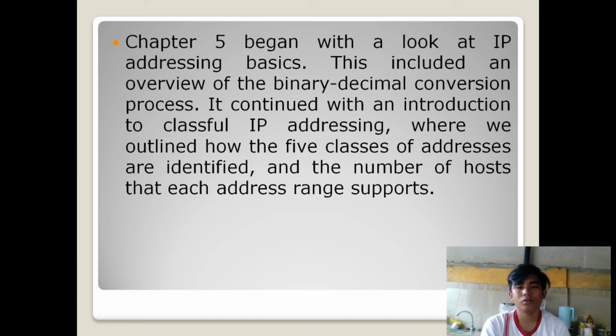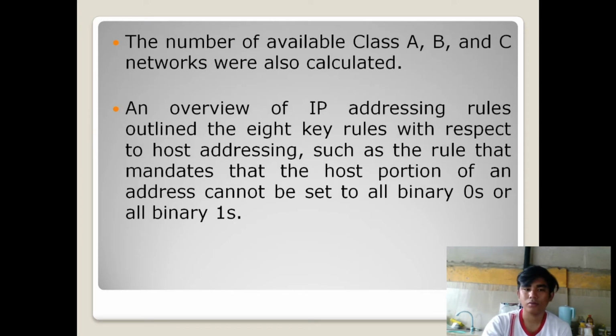It continued with an introduction to classful IP addressing, where we outlined how the 5 classes of addresses are identified and the number of hosts that each address range supports. The number of available class A, B, and C networks were also calculated.